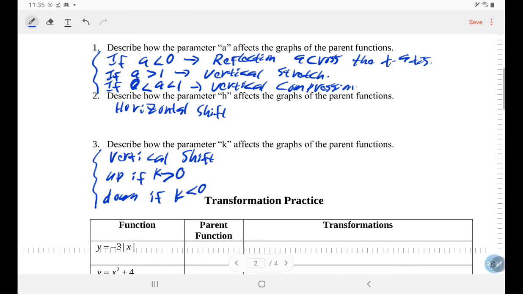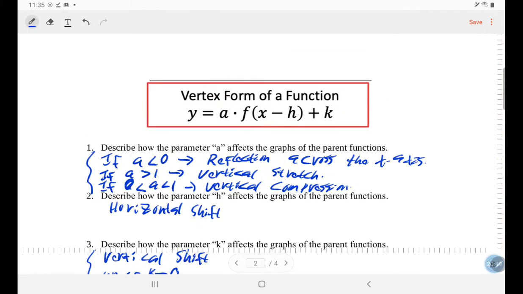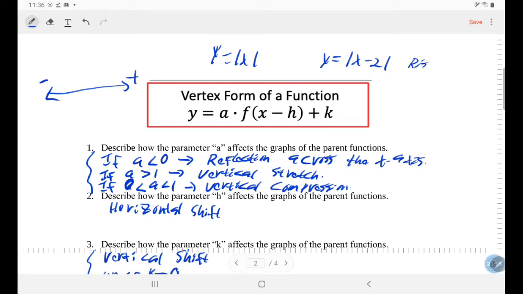So here's the idea. Let's go back to this equation. Again, the parent function I had was y equals absolute x. And when I put in y equals absolute x minus 2, again, most people think, well, plus is to the right, negative or minus is to the left on the number line. So why did this move it right? Allow me to explain. Look at your original function.